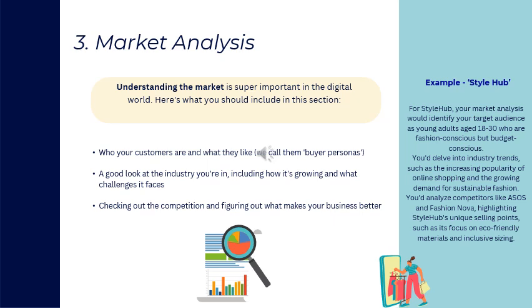You will delve into industry trends such as the increasing popularity of online shopping and the growing demand for sustainable fashion. You would analyze competitors like ASOS and Fashion Nova, highlighting StyleHub's unique selling points, such as its focus on eco-friendly materials and inclusive sizing.